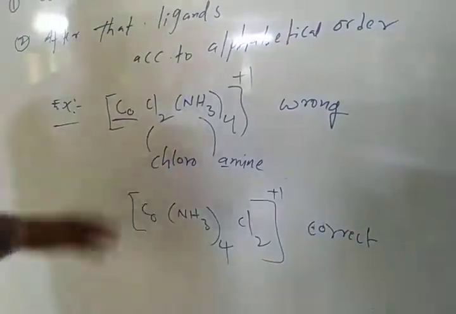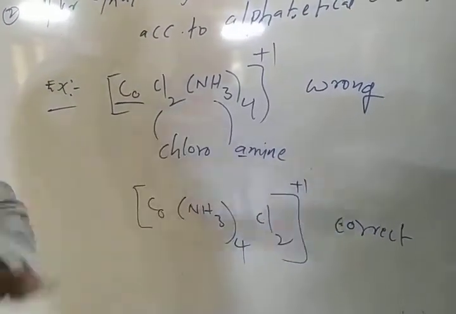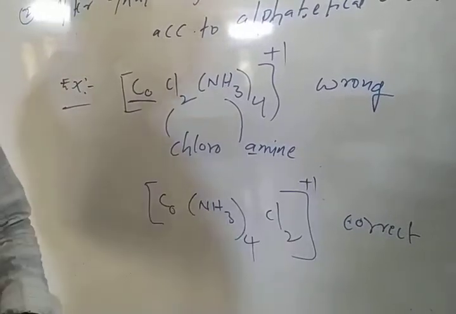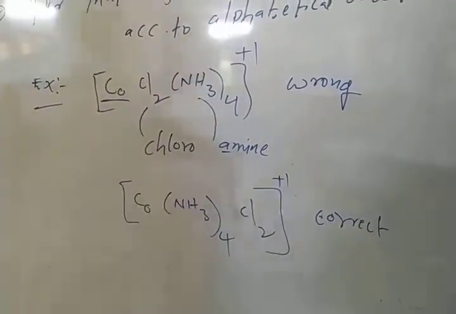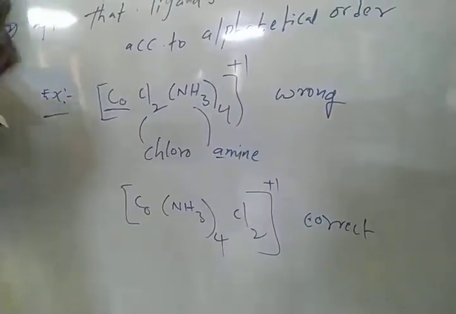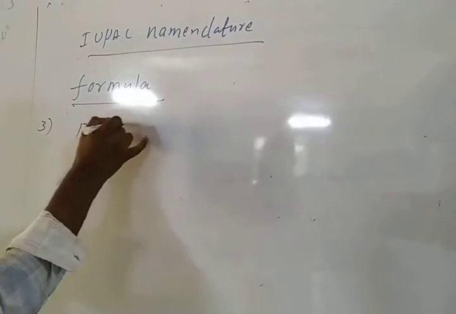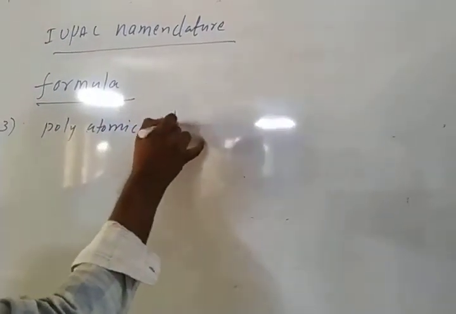So first the central metal atom is listed. After that, ligands according to alphabetical order. Okay. Next, polyatomic molecules.